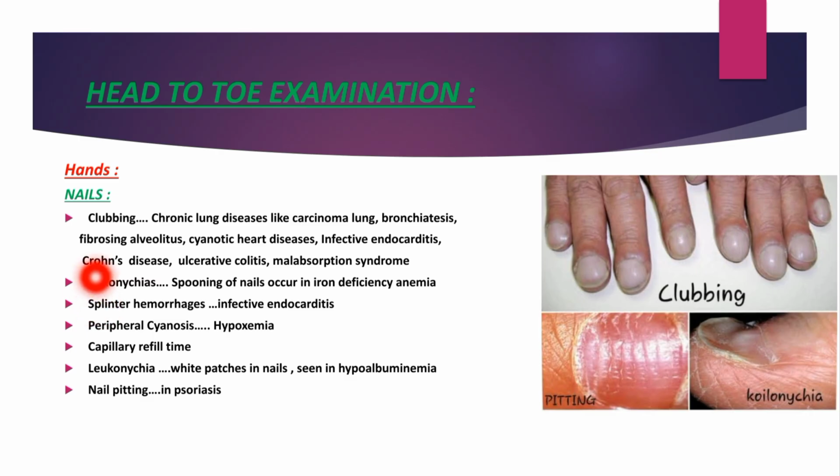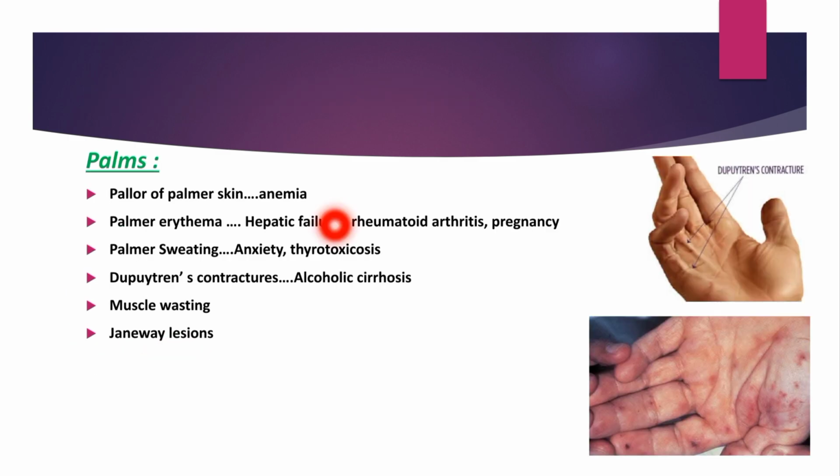So the changes in the nails include clubbing of the nail, koilonychia, splinter hemorrhages, peripheral cyanosis, capillary refill time, leukonychia, and the nail pitting. Next one is the examination of the palms. So in palms, look for the pallor of the palmar skin, which is seen in anemia. Also look for the palmar erythema, which is seen in hepatic failure, rheumatoid arthritis, and pregnancy.